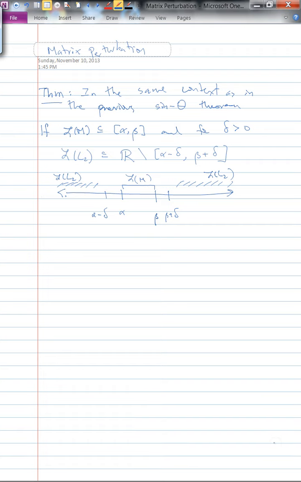So note that again we have a separation. So delta is again going to be bounded by the separation between the eigenvalues of L2 and the eigenvalues of M, but we have more here. So we have some more specific structure, but the above represents an additional assumption.